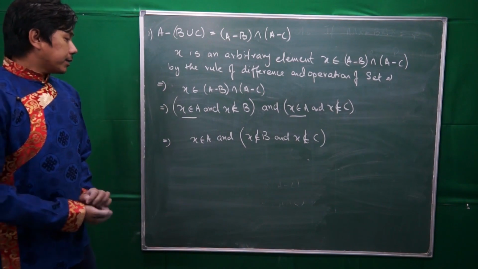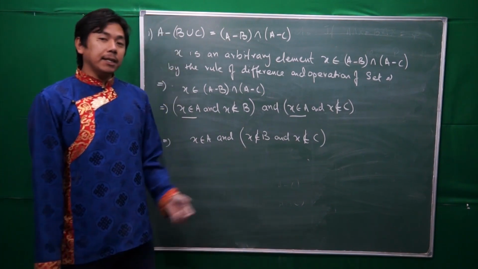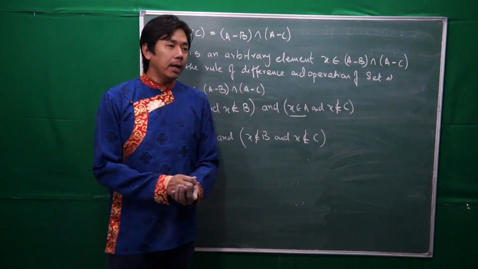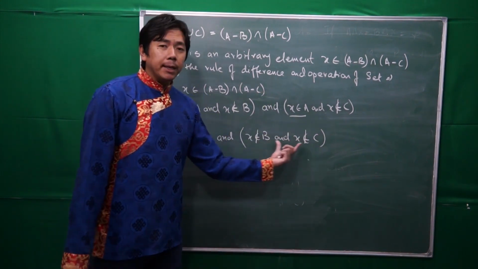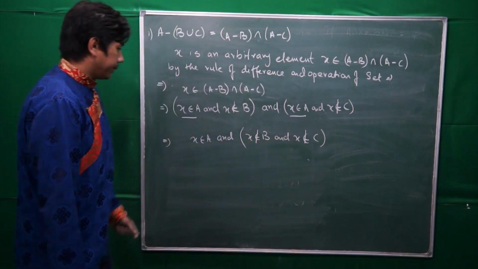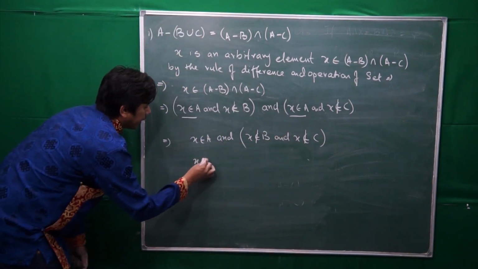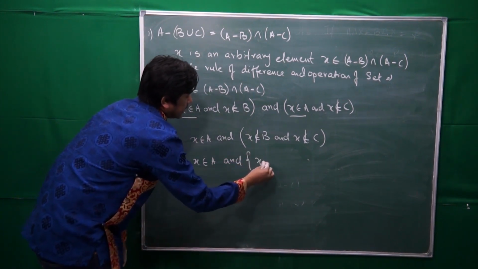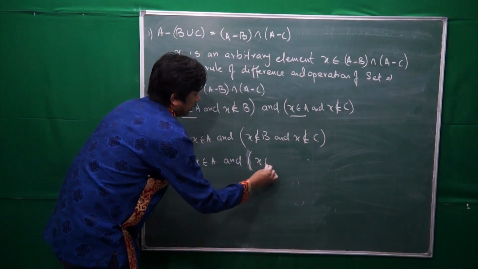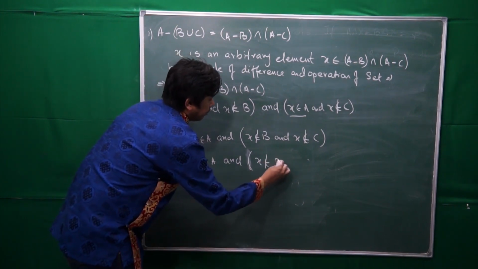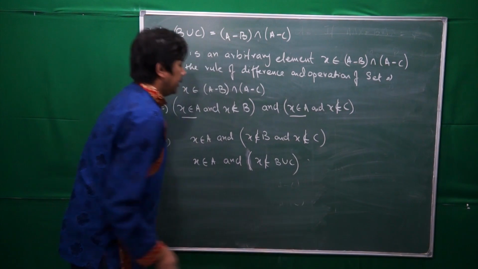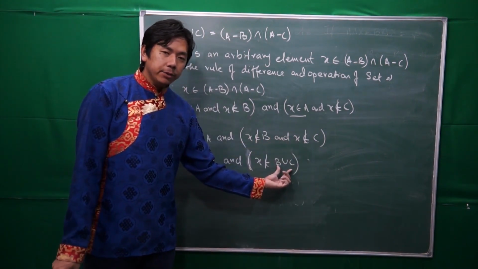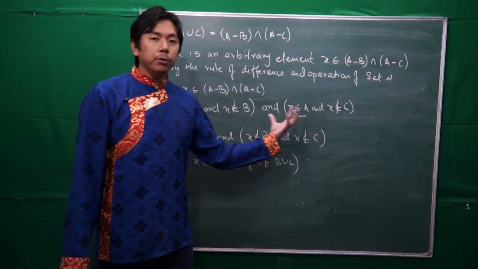Clear? Now since X is an element such that it does not belong to B and it does not belong to C as well, therefore we might as well combine this together in a statement. So how do you combine it? X belongs to A and X does not belong to B union C. I'll take these two sets B and C together since X does not belong to both of them.